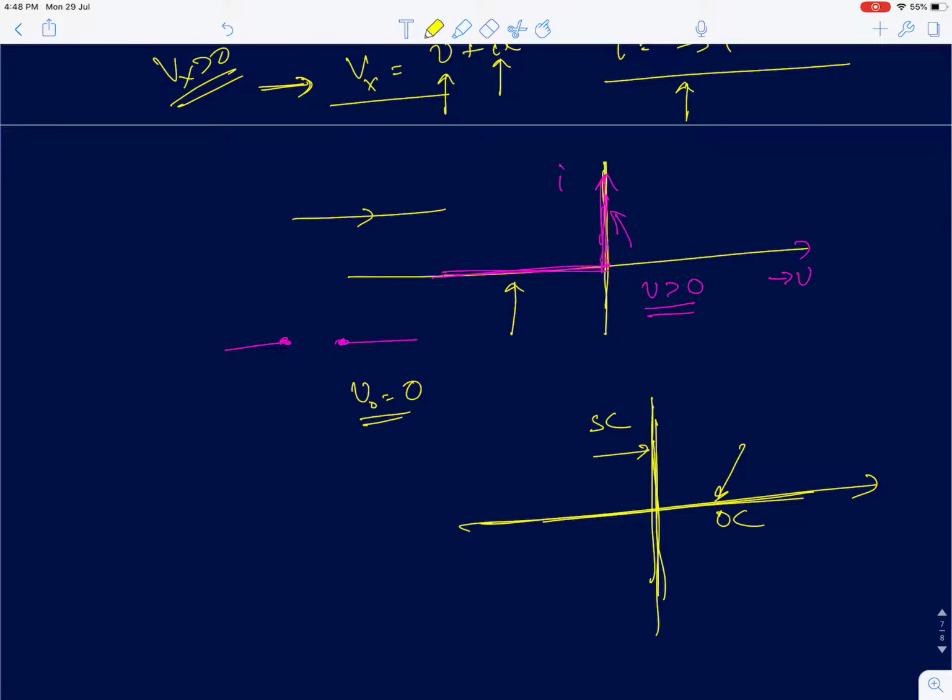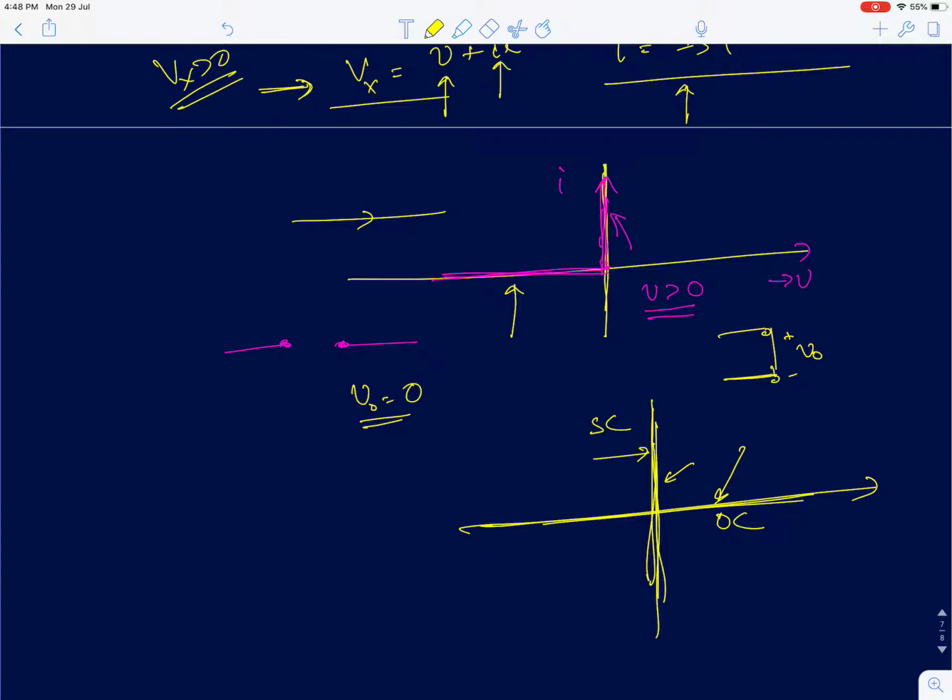If I open circuit two nodes, the voltage can be anything between the two nodes, but the current is always 0. Similarly, if I short circuit two nodes, the voltage across them is going to be 0 and the current can be anything. That's the entire y-axis here.